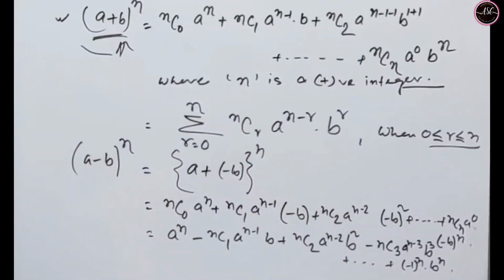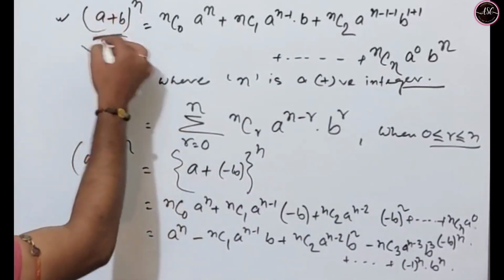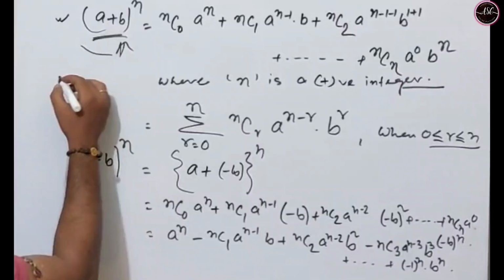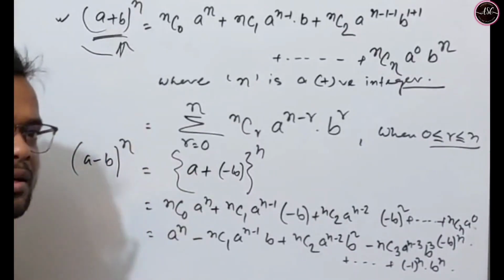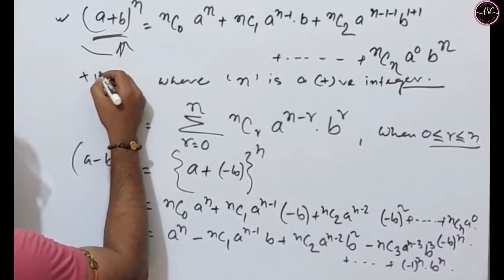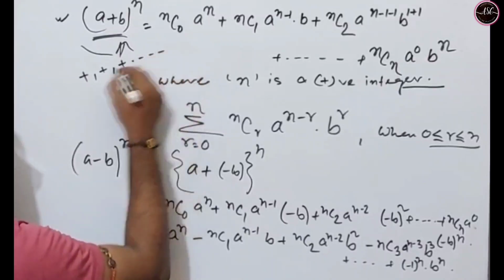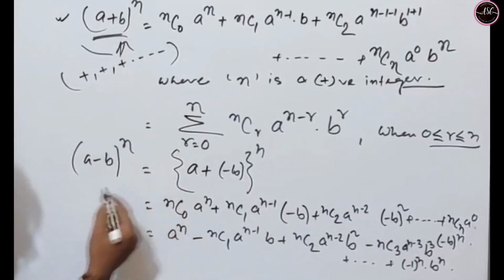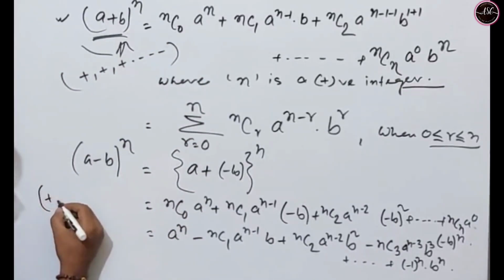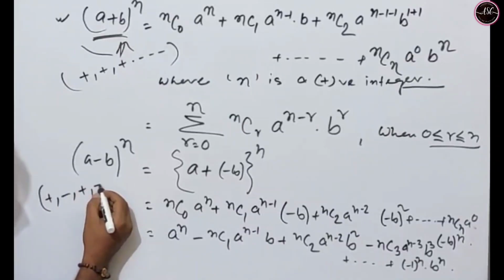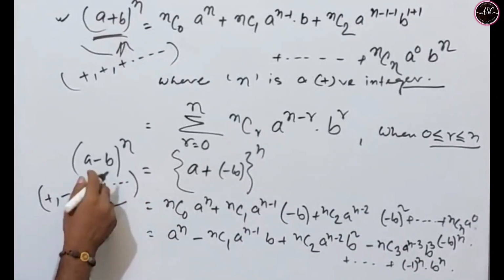So in general, for the positive, the coefficient signs will be plus plus plus dot dot dot, all are plus. But in minus, the coefficient signs will be plus minus plus minus dot dot dot. This should be remembered.